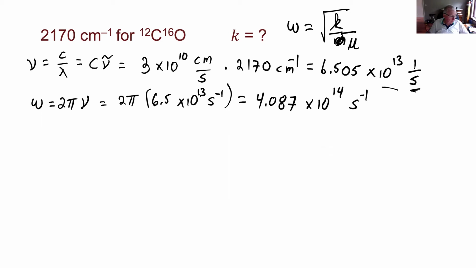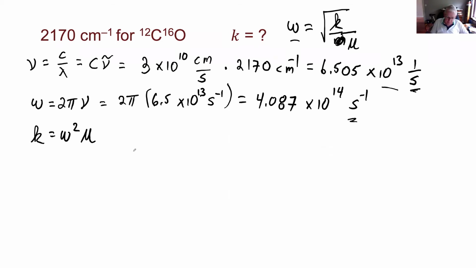Now, I want to get K from omega. If I take the equation up top and solve it for K, I will get K equals omega squared times mu. So far, I have not done my reduced mass, so let's do the reduced mass really fast.